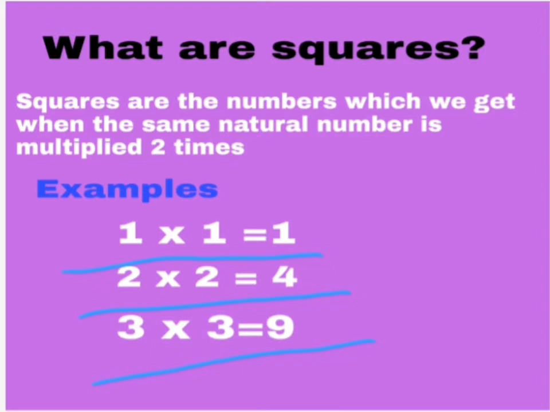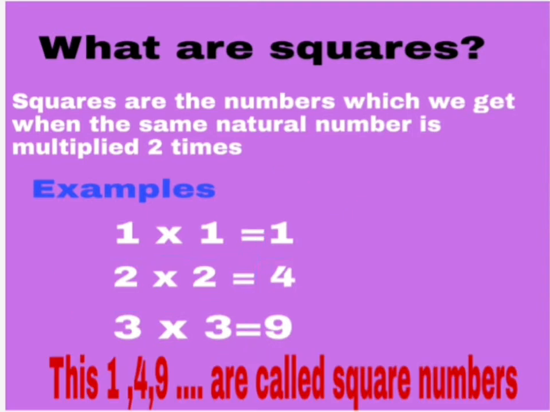Whenever you multiply a number two times, the answers you get after the multiplication, that means this 1, this 4 and this 9, will be considered as the square numbers or the perfect square numbers. So that is the definition of a square. These are called square numbers according to the definition.